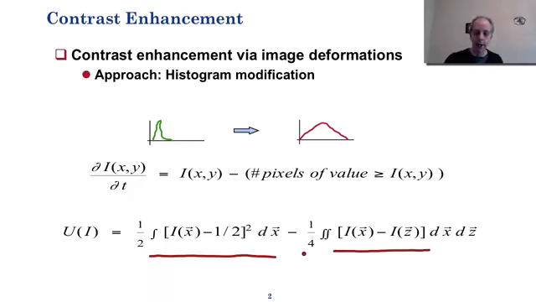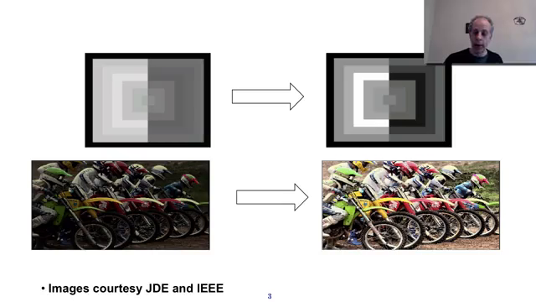So let's see some results of this. Here we have two examples, contrast enhancement here. Now the interesting thing here, you might notice that basically this is kind of localized, every region kind of moved by itself, and there is no mixing of the regions, and this was achieved by playing with those integration boundaries, and making sure that things that have similar pixel values, or in this case exactly the same pixel values, kind of move together.